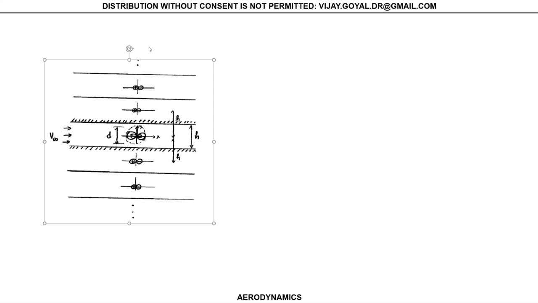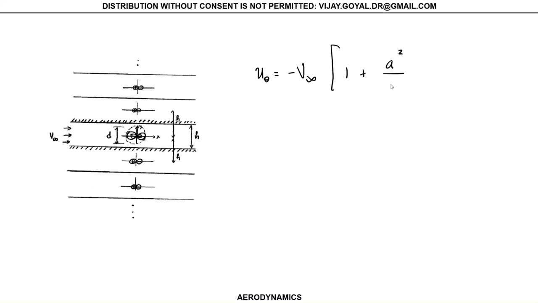What we know in our problem is that your velocity, u theta, will equal minus V infinite times 1 plus a squared over r squared, times sine of theta.